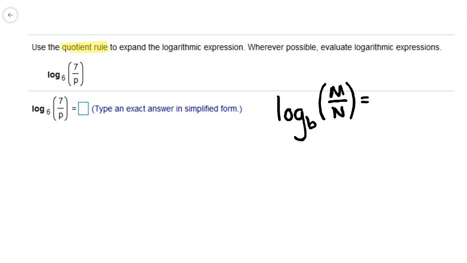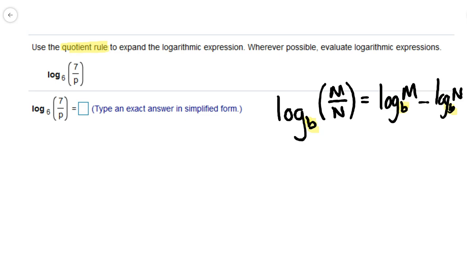When you have the quotient rule, you're going to write a log for the value that is in the numerator and a log for the value that's in the denominator. And you notice that I'm using the same base that was given in the original, but we're going to use a subtraction sign on the log that comes from the denominator.